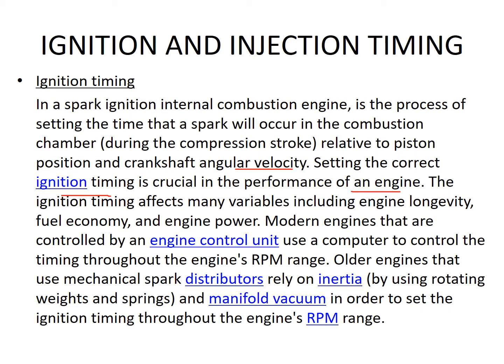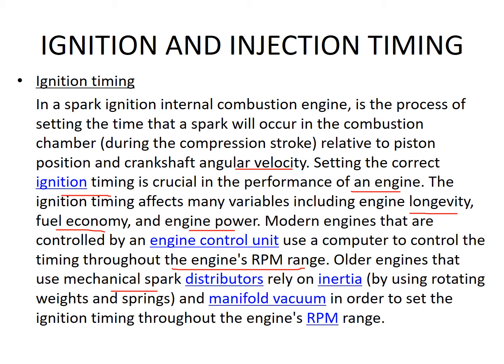Setting the ignition timing is crucial in the performance of the engine. The ignition timing affects many variables including engine longevity, fuel economy, and engine power. Modern engines that are controlled by an engine control unit, or ECU, use a computer to control the timing throughout the engine RPM range, so they can adjust when to give the spark.